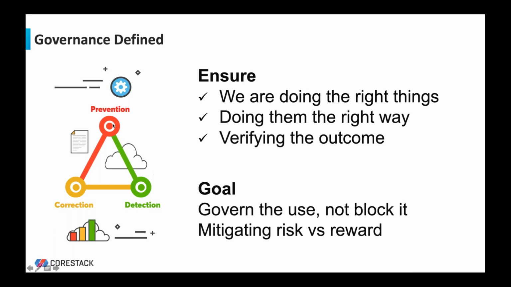If you look here, and we'll get into this more later in the presentation, off to the left I have a triangle where, when most companies look at governance and security specifically, most of the focus will be around prevention. How do we prevent someone from leveraging our vulnerabilities?